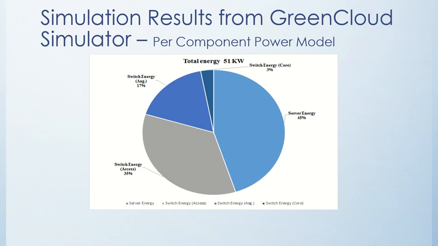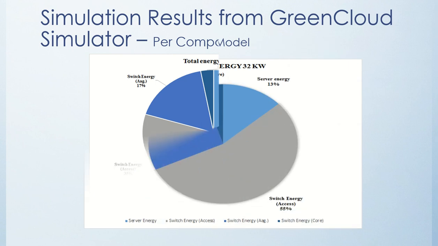You will notice in the second energy model, which is the per component power model, that the energy consumed has gone down from 63 kilowatts to 51 kilowatts, and the server energy has equally gone down to 45%, not as much as the 55% we had in the previous case in the linear energy model.